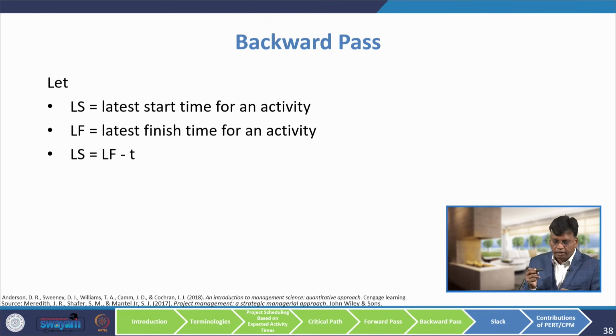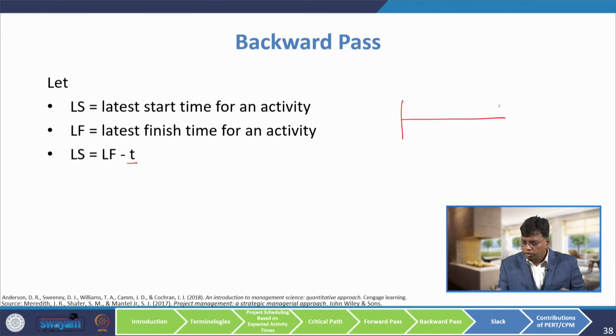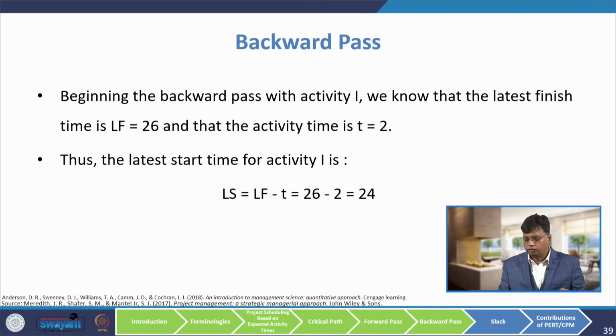We get the latest starting time by subtracting T from our latest finishing time. We know the latest finishing time and the duration, and from this we find the latest starting time. Beginning the backward pass with activity I, the latest finishing time is 26 and the activity duration is 2, so the latest starting time is 24.